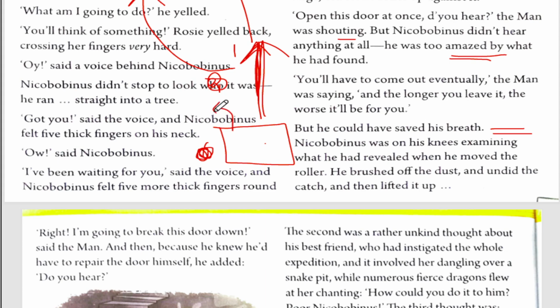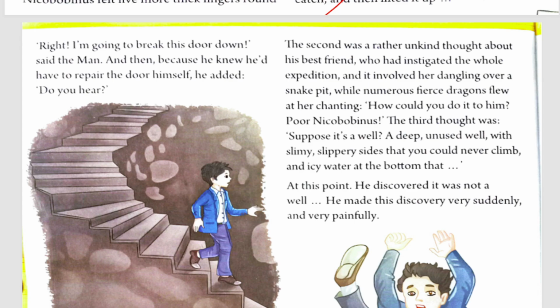So he lifted that bolt and pulled the door up. Okay, he pulled the door up and he was trying to enter inside that hidden path. Now let's understand what's happening after that. We'll read the next page now. We can see the next page now on the screen.